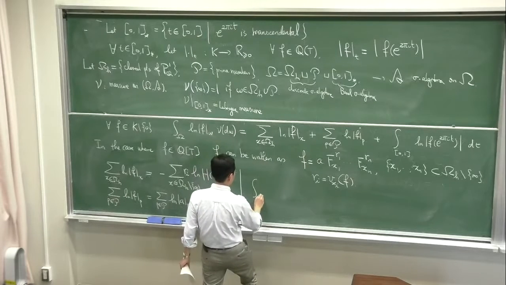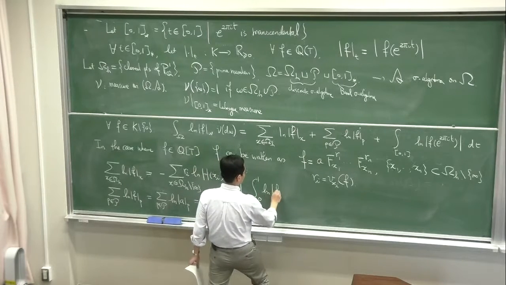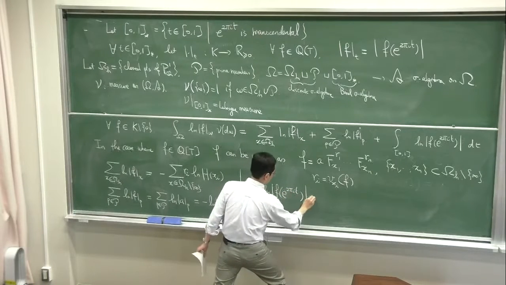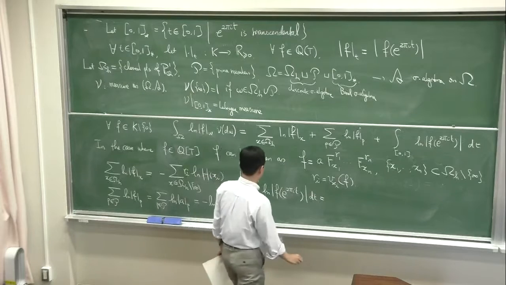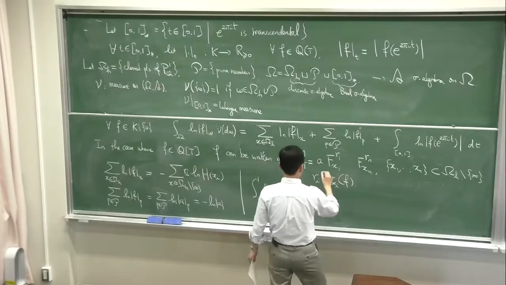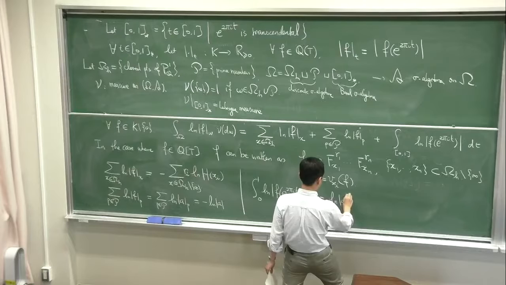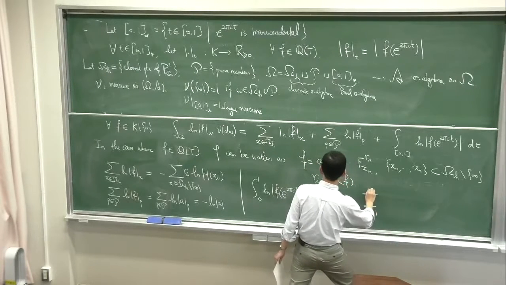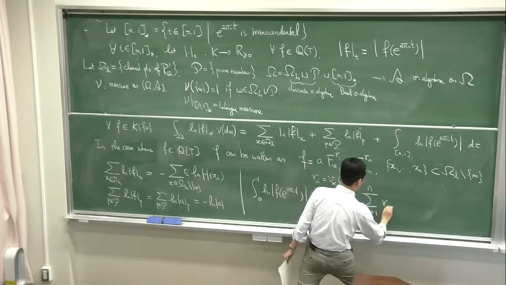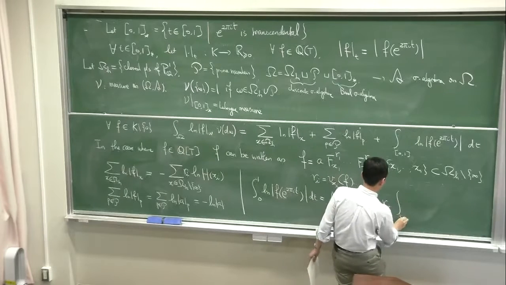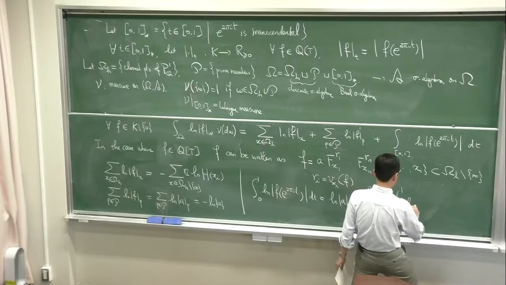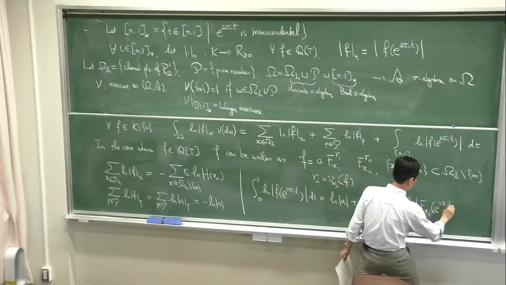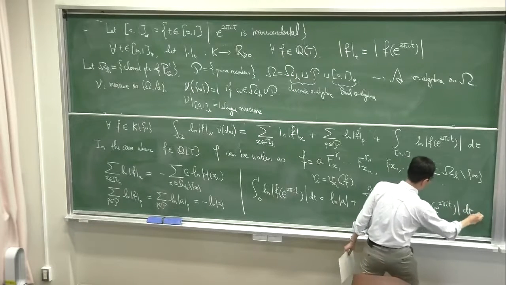So this integral of log of f(e^{2πit}) dt is just log of a plus the sum for i from 1 to n of the integral from 0 to 1 of log of f_Xi(e^{2πit}) dt.